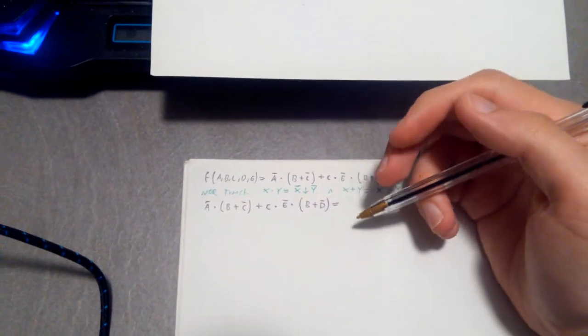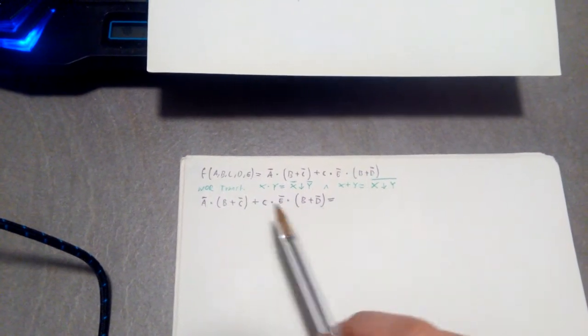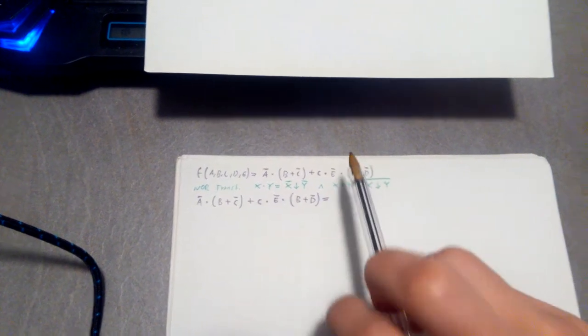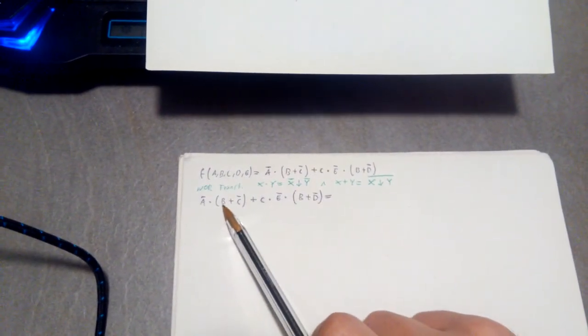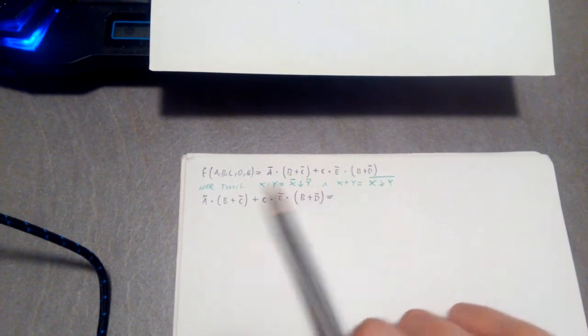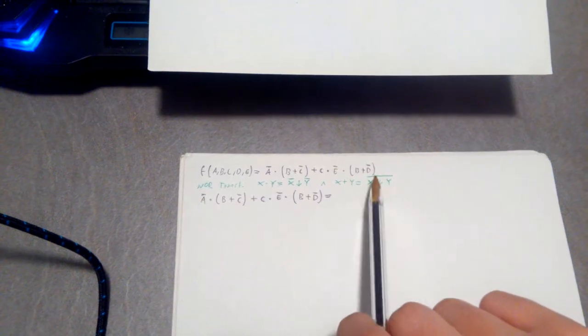So first thing first, let's get rid of those two plus signs inside the parentheses. We have b plus c naught, and when we have a plus, we have to put a big naught on top of everything.